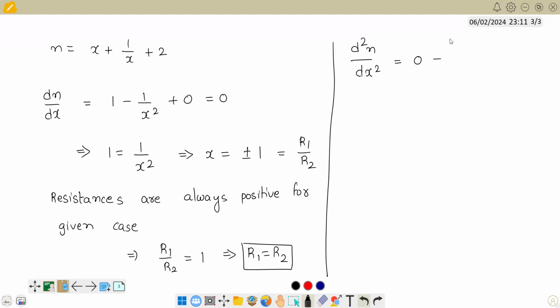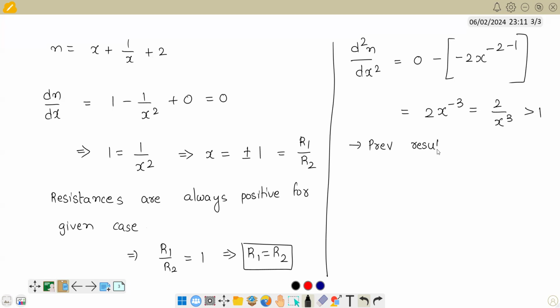It would be minus 2 x power minus 2 minus 1. So you will get 2 x power minus 3, that is 2 by x cube. And we know since x would always be positive, this value would always be greater than 0. When you double differentiate it and you get a positive value, that means the previous result will give minima.